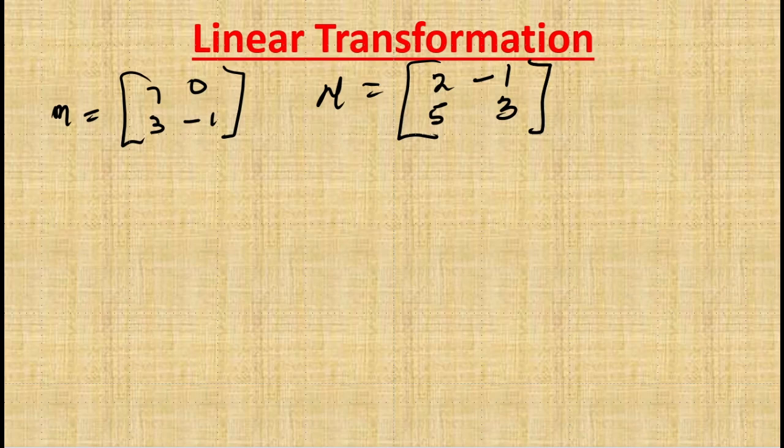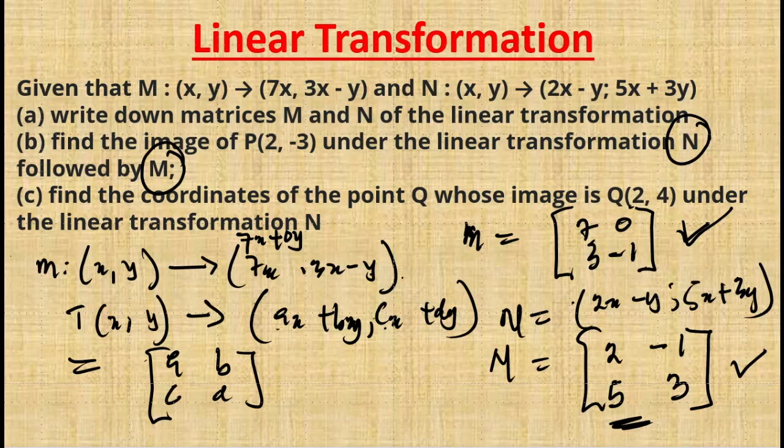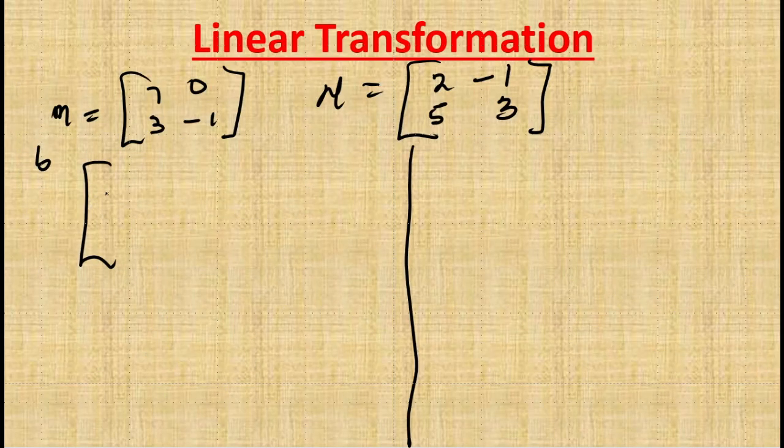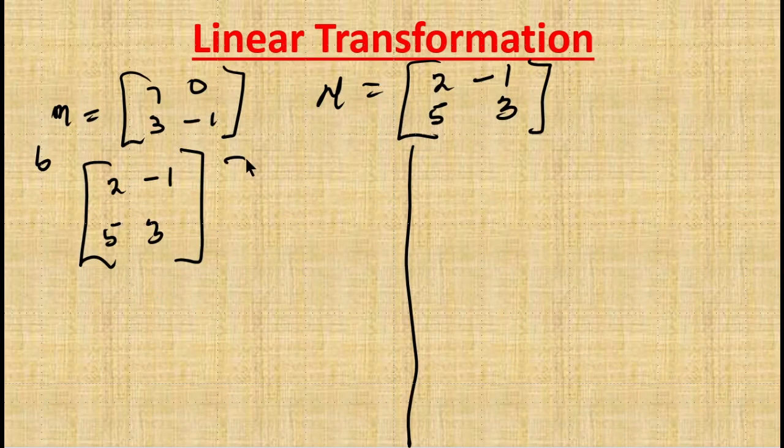Now, question B wants us to find the linear transformation of N first, then followed by M. To find the linear transformation of N first, we'll multiply the matrix 2, minus 1, 5 and 3 by our P. My P is 2 and minus 3.